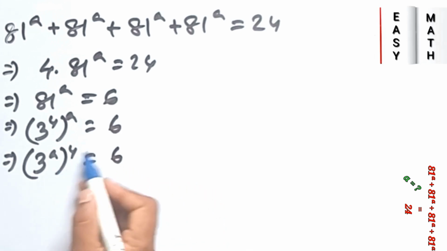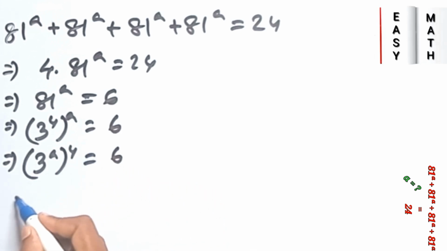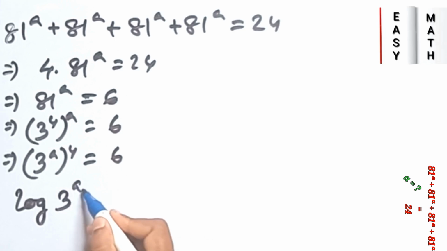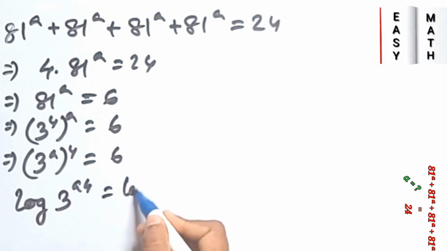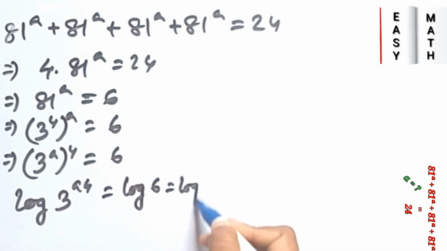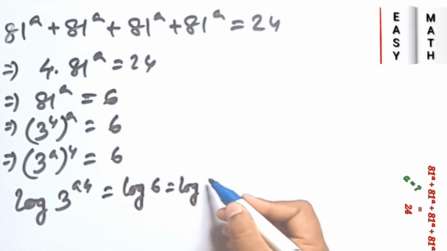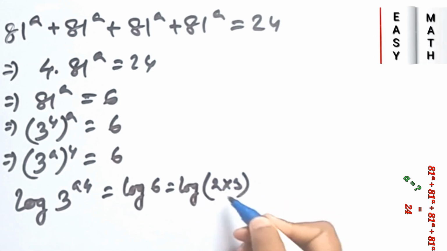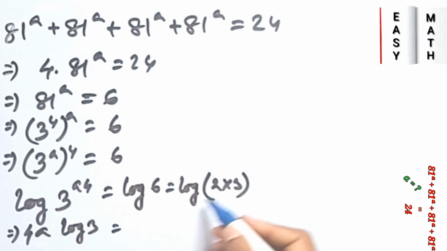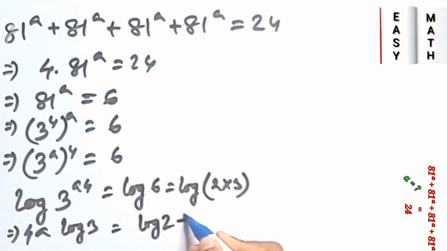And now take the log, so log 3, this is the log 6 is equal to, we can write the log 2 into 3, and there is the 4a, there is here, so log 3, and there is the log 2, and there is the log 3.